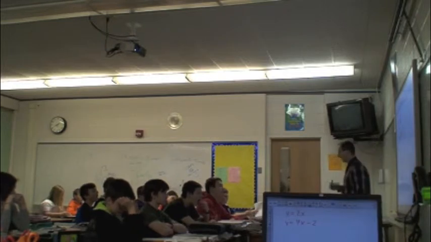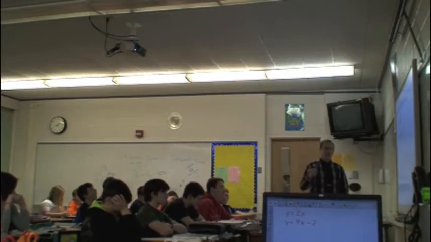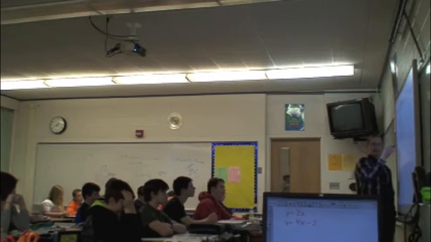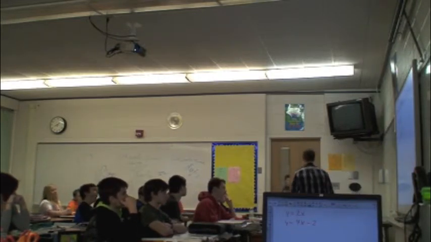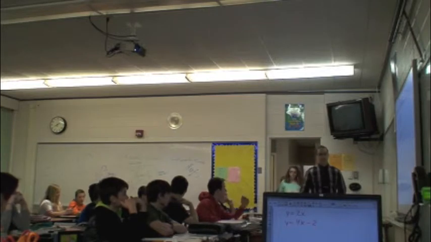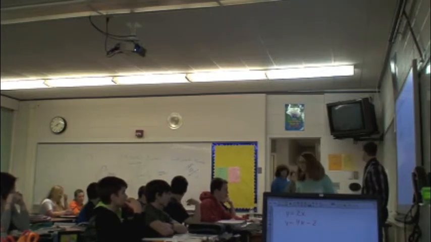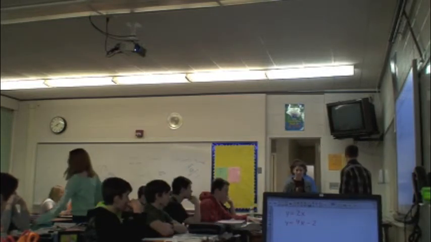Now, you notice down here on the bottom, it's not saying something like 4x minus y equals negative 2 or anything like that. We're just looking at a substitution problem, okay?